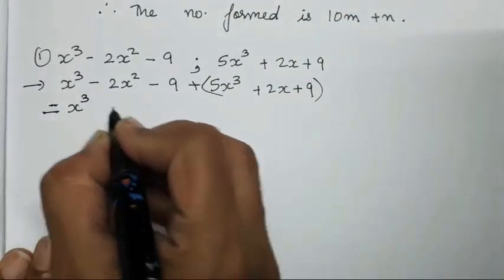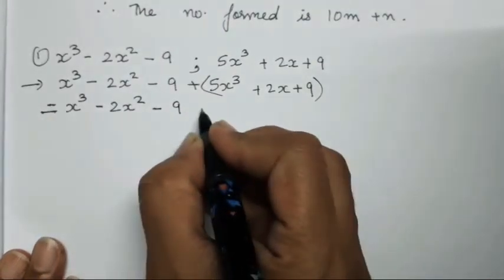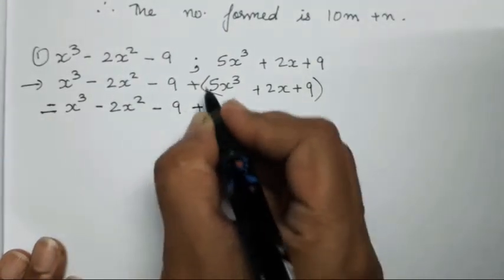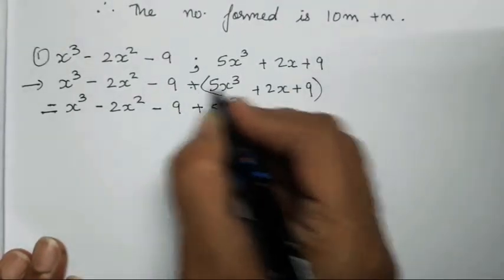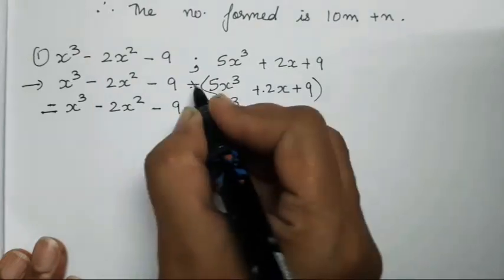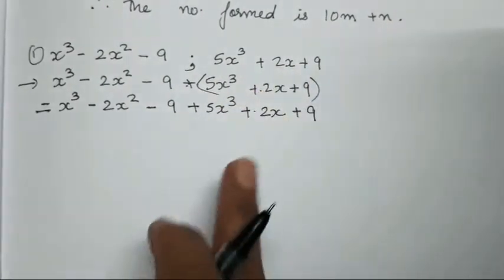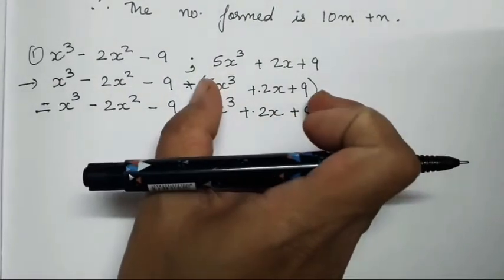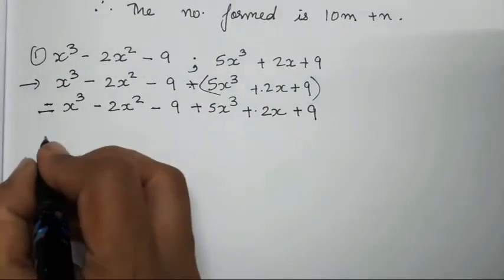Bracket 3x minus 2x minus 9 plus 5x. Now why do we have to take this? Because plus and plus is plus, so over here the signs are not changing, but if it is a minus sign over here, it might change. So we have added a bracket, then removed the bracket by adding an addition sign.